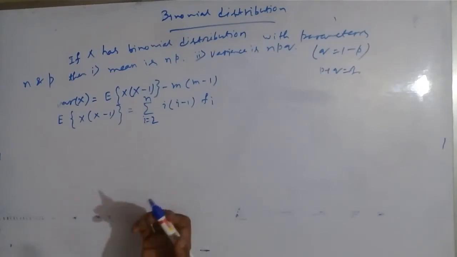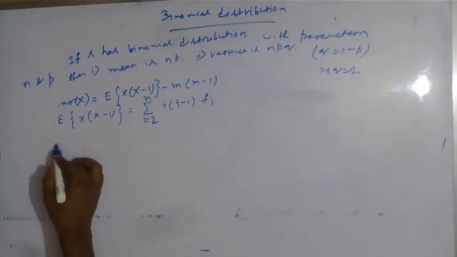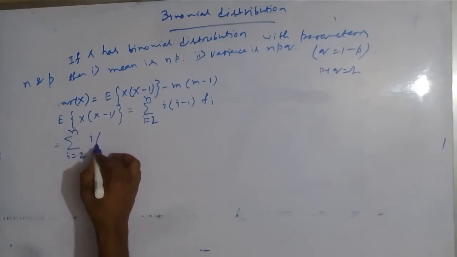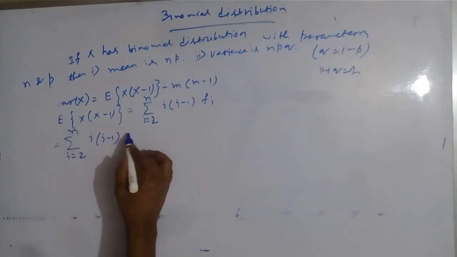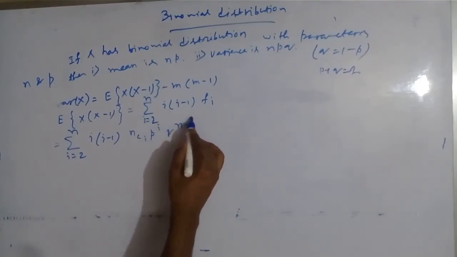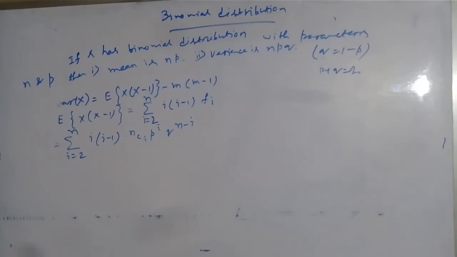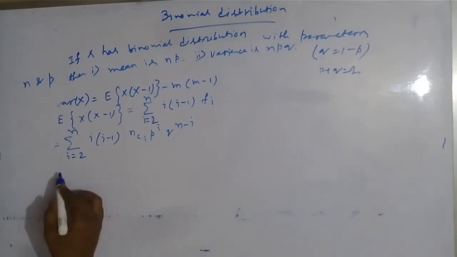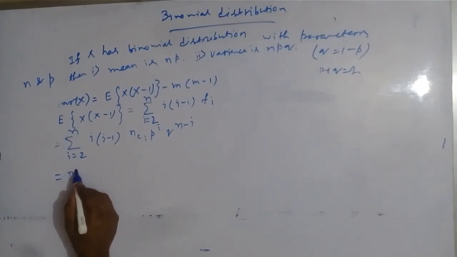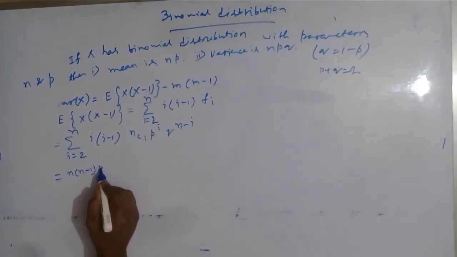So I have started from 2. Now I am putting the value of the distribution function, which is nCi p to the power i q to the power n minus i. Like before, I am just taking out n into n minus 1 into p square from the summation.